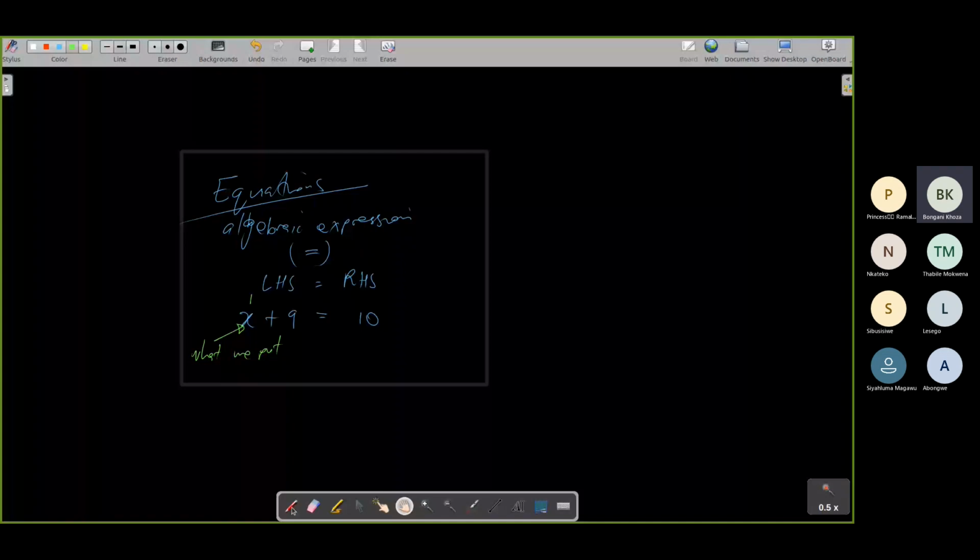So we can gather all the variables to one side, so x to one side, and all the numbers, the constants, on the other side. When we cross over the equal sign, we change the sign. So this was a plus; when it crosses over, it will be a minus. So we'll have 10 minus 9 over here. So x equals 10 minus 9, which gives us the 1.